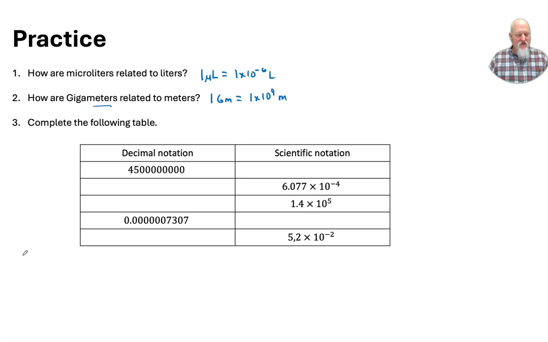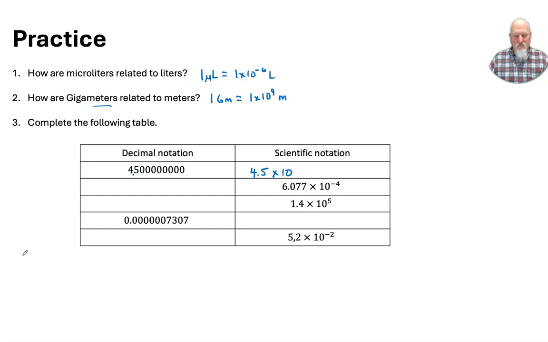Okay, the last thing we're doing is complete the following table. We're going to convert between decimal notation and scientific notation. Remember, or scientific notation and decimal notation. We'll go back and forth. So remember, when we have decimal notation, we're going to scientific notation. We're going to put our decimal after the first number. So in this case, we have 4.5 times 10. And this number is bigger than 1.